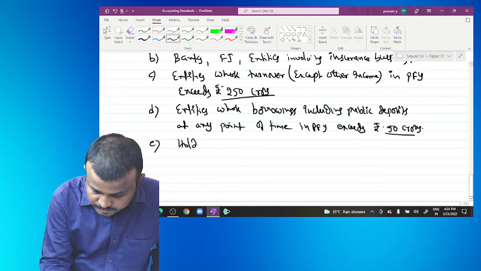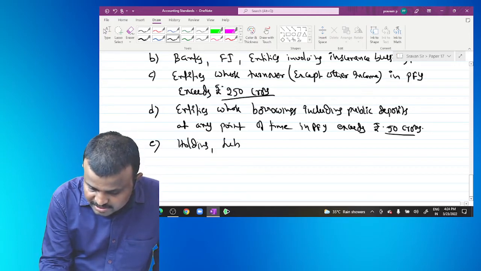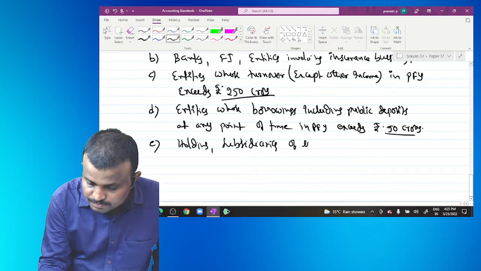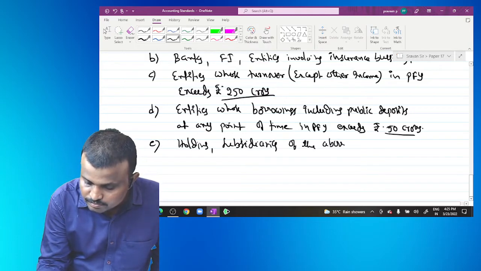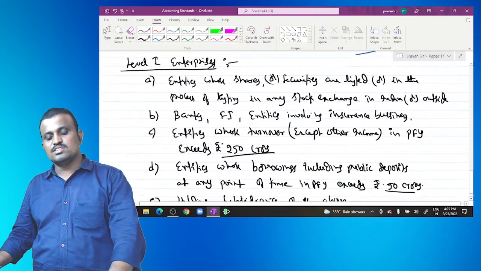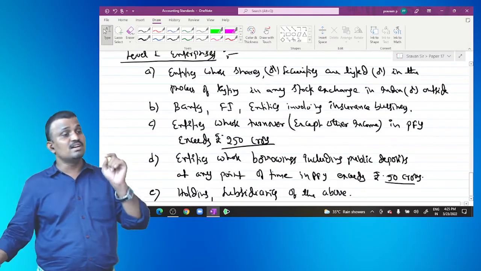Holding and subsidiaries of the above. So these are covered under Level 1 enterprises.